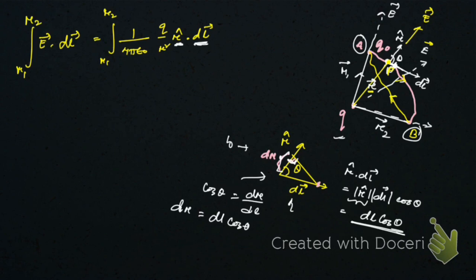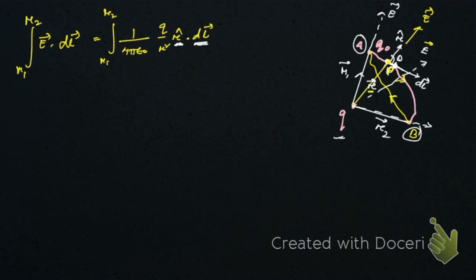Just let me draw it properly. This is the r vector and this is the l vector, and dl vector, and from here we have drawn a perpendicular to r cap, and this is the angle between them, theta, and this length is suppose dr. Then we can write the integral from r1 to r2.